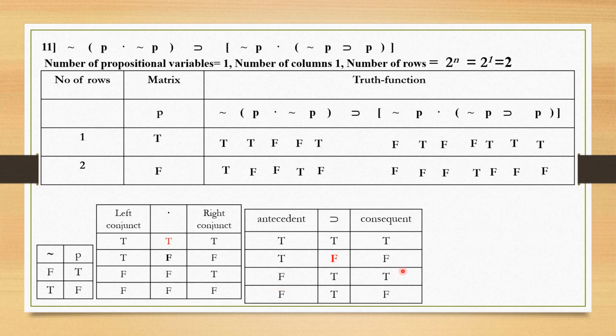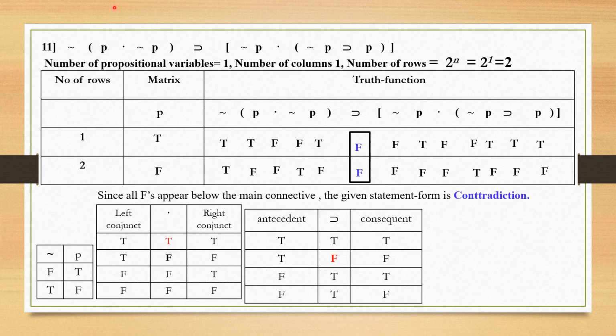See, we'll write false. Antecedent is true and the consequent is false. So we'll write false. Highlight the main connective. We have all F's below the main connective, false below the main connective. Therefore, the given statement form is contradiction.